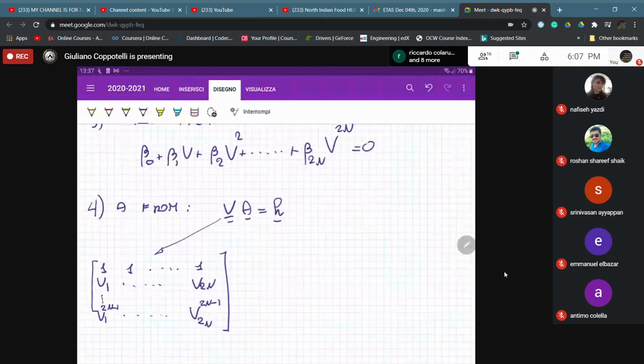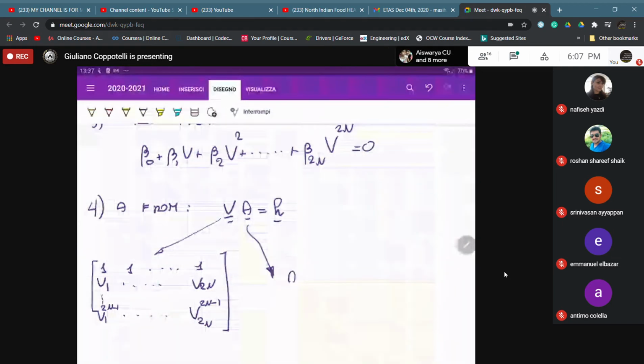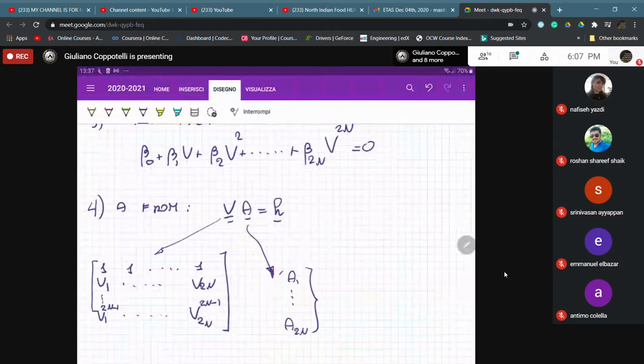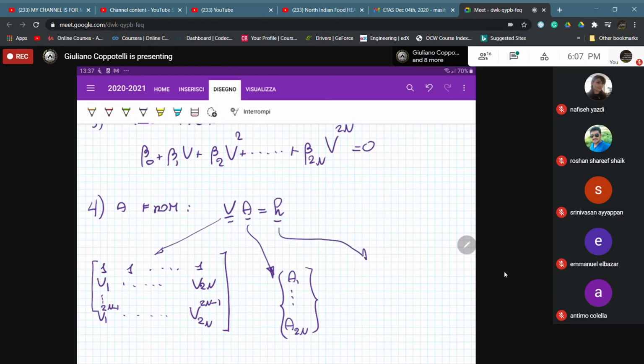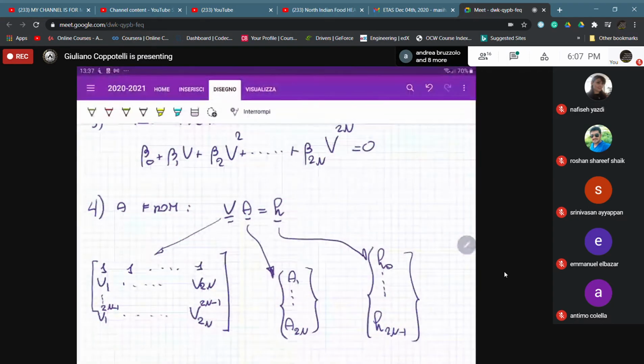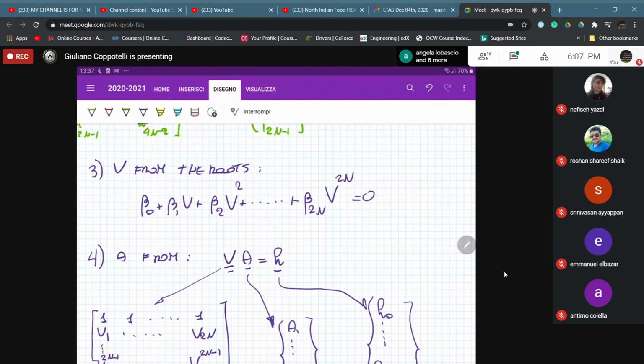Okay. A, of course, is the vector of unknowns. So A1 up to A2n. And finally, H is H0, H2n. Okay. So that is our solution scheme, if you want, in our analysis.